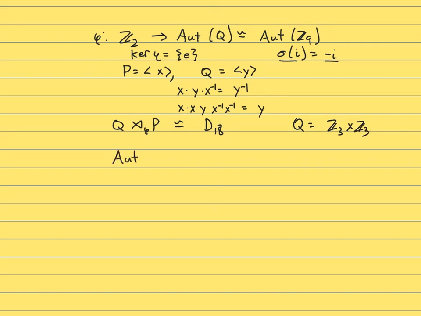Well, now what's the automorphism group of Z3 times Z3? Well, that's a lot more interesting, isn't it? The book points out in the section on automorphisms that when you've got the elementary abelian p group, which is what this is, then you're supposed to get the general linear group here. 2 by 2 matrices in this case, over Z mod 3Z.